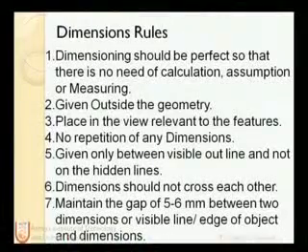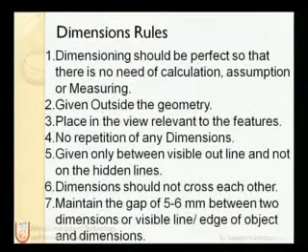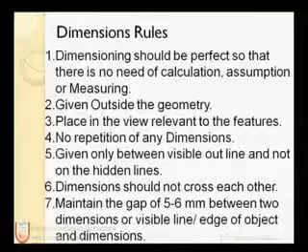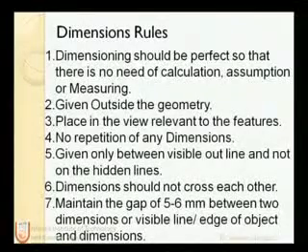On the next one, we have given the visible line. The dimension is always given in the visible view and never on the hidden view. We cannot see the hidden things. Hence, the dimension and the extension line should be always given on the visible line.